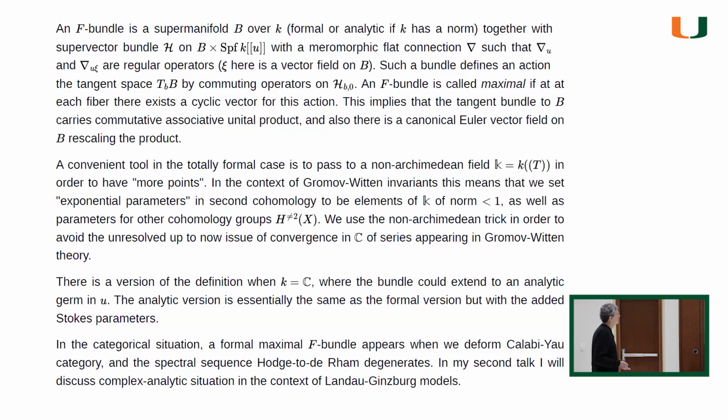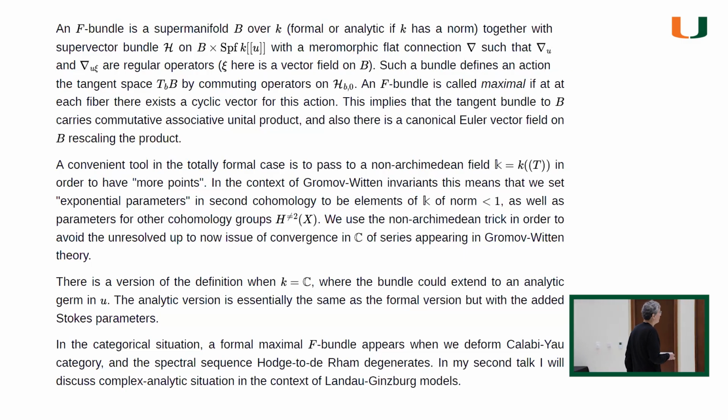Also, it's a really technical thing: sometimes it's convenient to work over a non-Archimedean field, adding some formal variable, in order to have more points. You can get things given by formal power series. It has only one closed point, but if you extend scalars, you can have the whole neighborhood. Also, in the context of Gromov-Witten invariants, it's convenient to have this formal dummy parameter just to substitute for the coordinates in a Frobenius manifold.